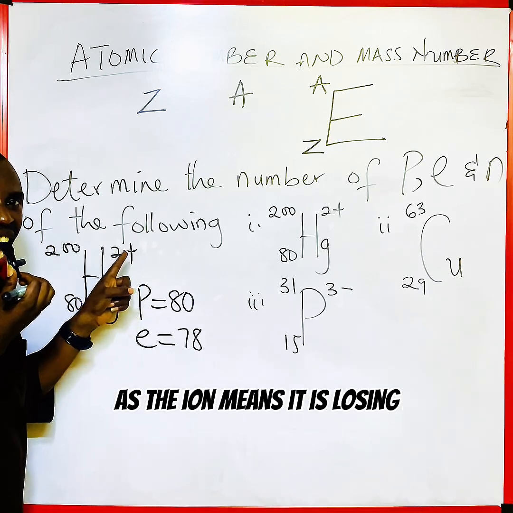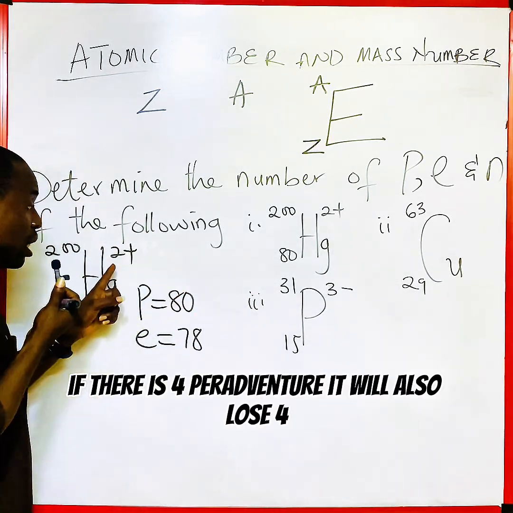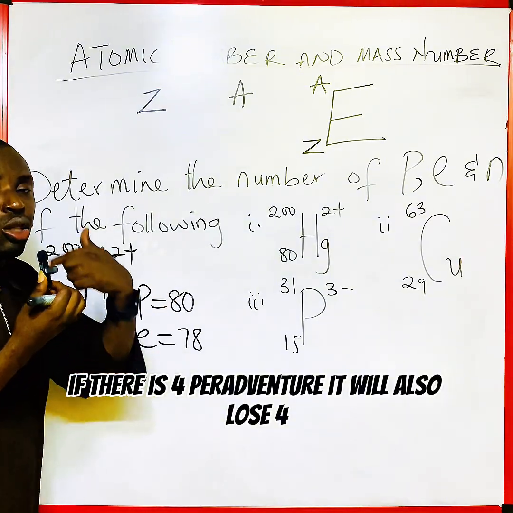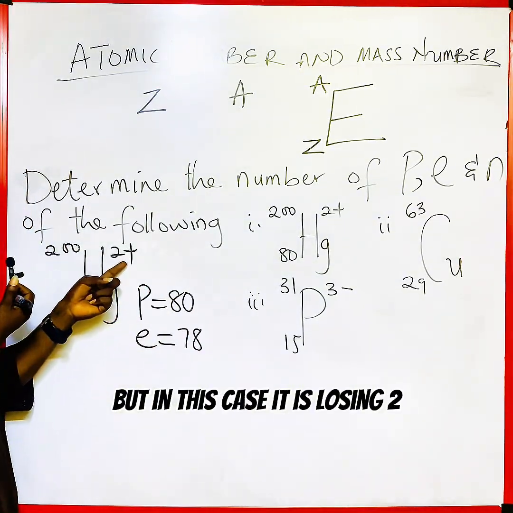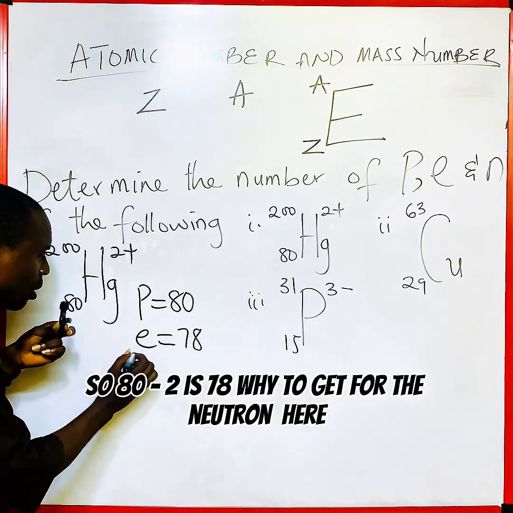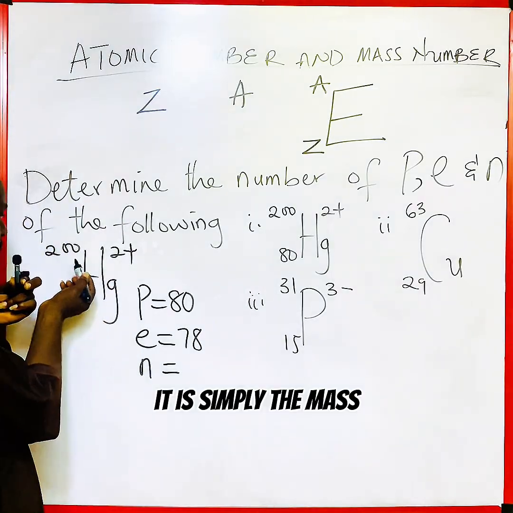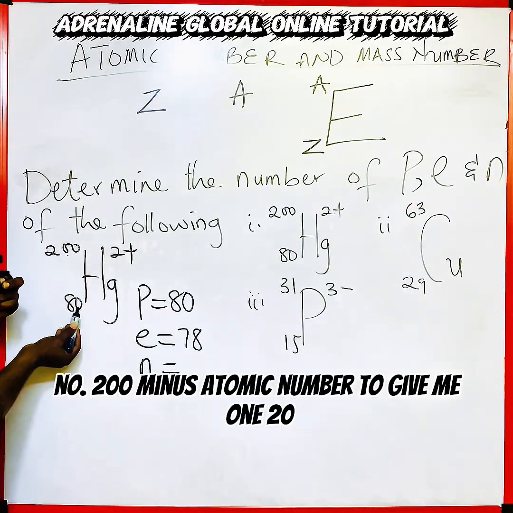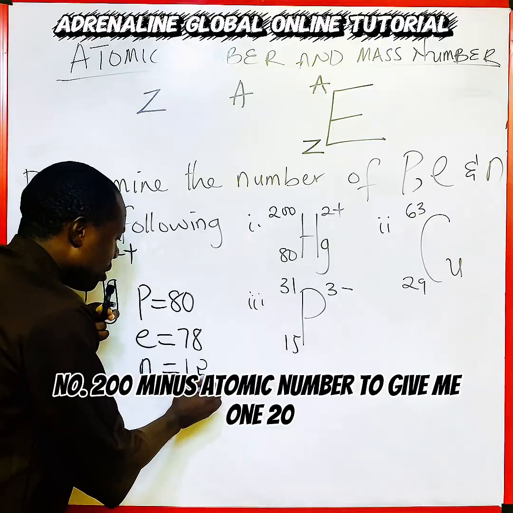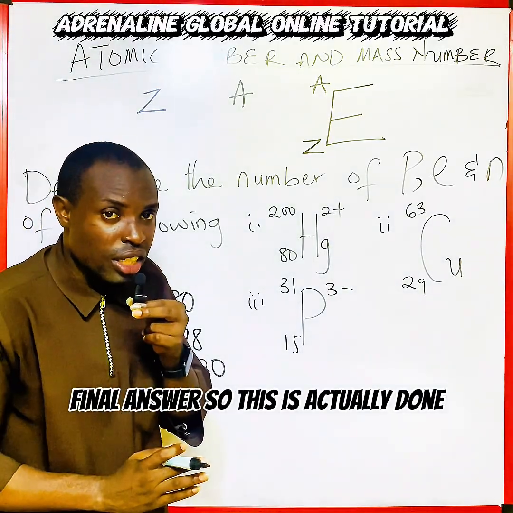If here is 3, it will lose 3. If here is 4, it will also lose 4, but in this case it is losing 2. So 80 minus 2 is 78. To get the neutron here, it is simply the mass number 200 minus atomic number 80 to give me 120. Final answer.